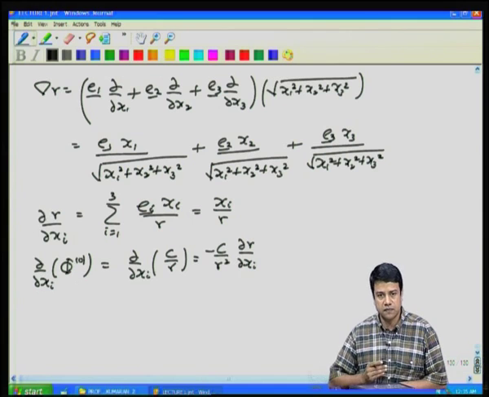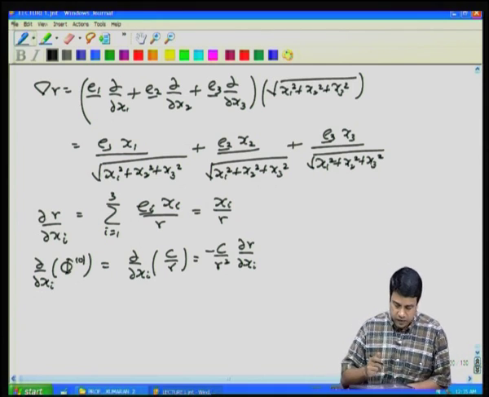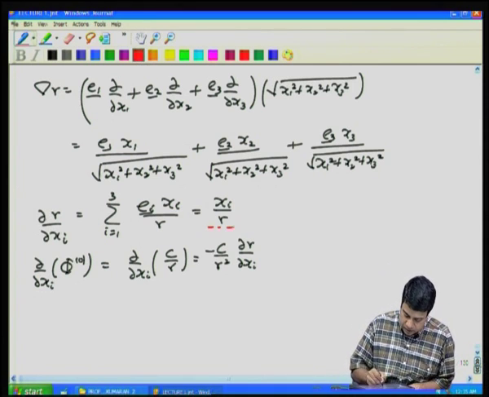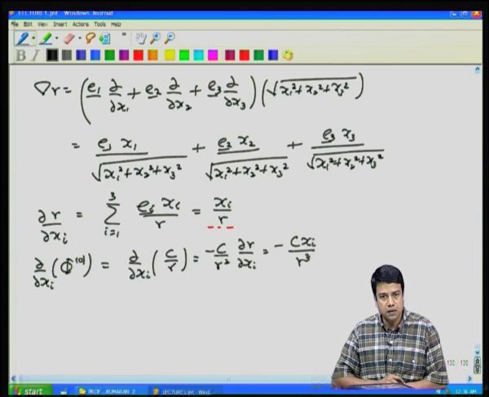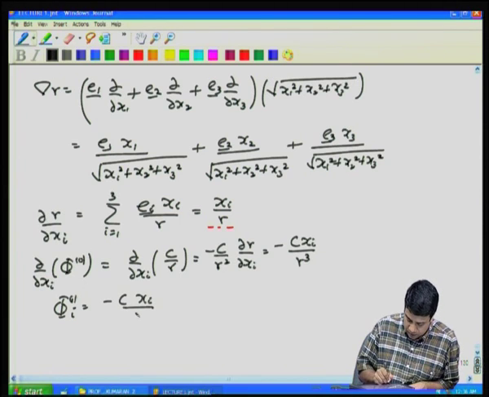Differentiate with respect to r first and then differentiate r with respect to x_i. And since partial r by partial x_i is equal to x_i by r, this gives me minus c x_i by r cubed. So, this is a vector solution of the Laplace equation. Phi 1 i is equal to minus c x_i by r cubed.